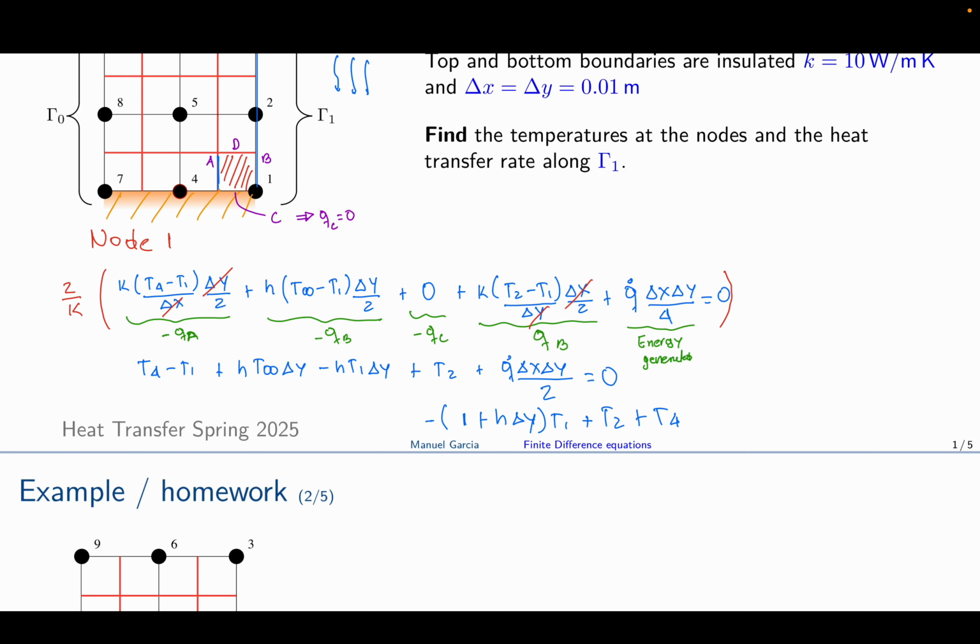So we already have the T1s, the T2, the T4, and we have two terms which are constants: plus h T infinity delta y, plus q dot delta x delta y divided by 2, equal to 0. Okay, and so this is our first equation.